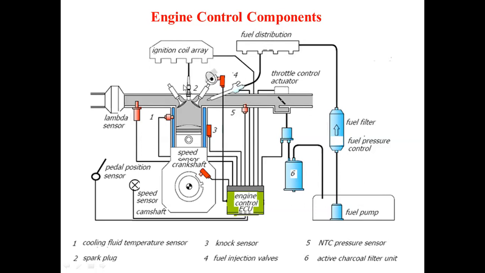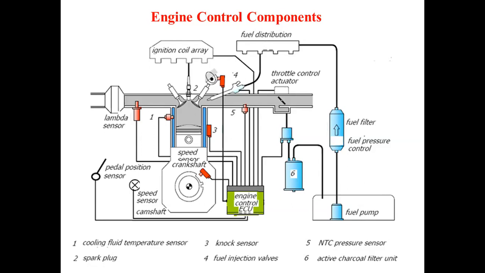To activate the spark, you will have the ignition coil array. Here an additional active charcoal filter unit is also observed. Through this charcoal filter you are actually getting exhaust gas recirculation.